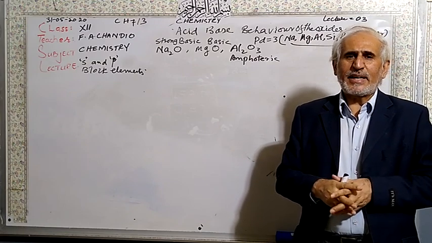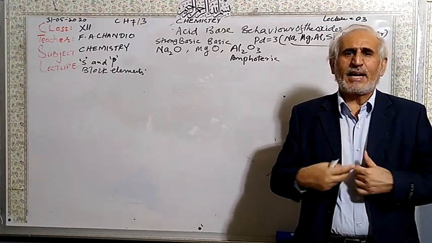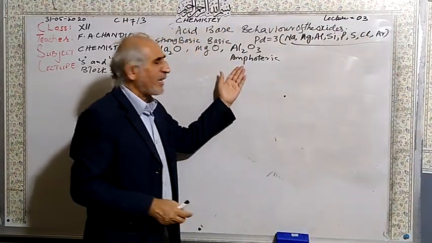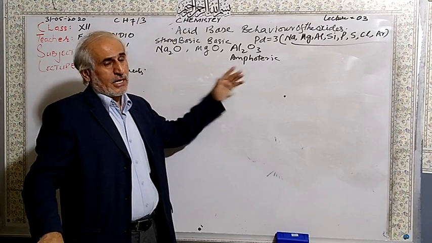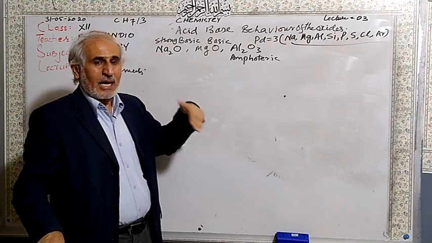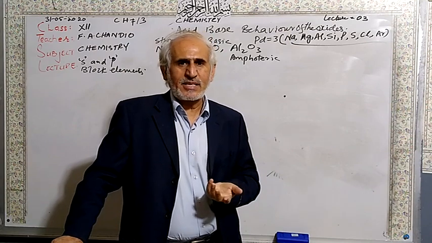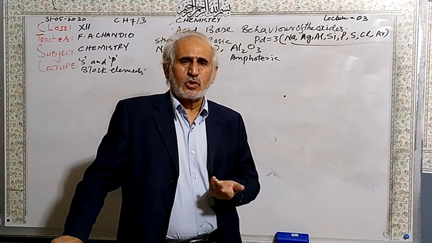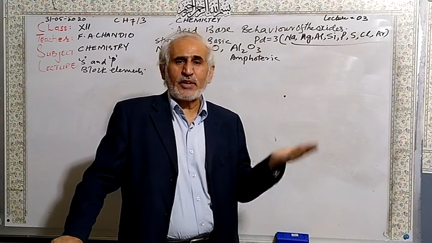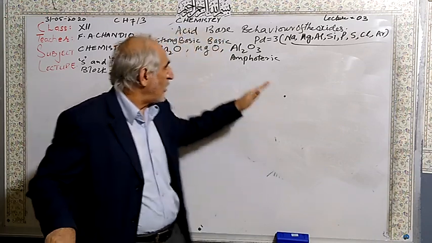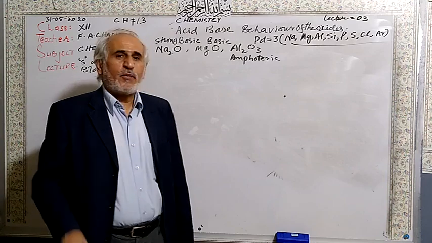Their behavior is both acidic as well as basic. Means aluminum oxide can react with acid and acts as a base. Also it can react with a base and act as an acid. Vice versa, both. That's why its property is amphoteric.